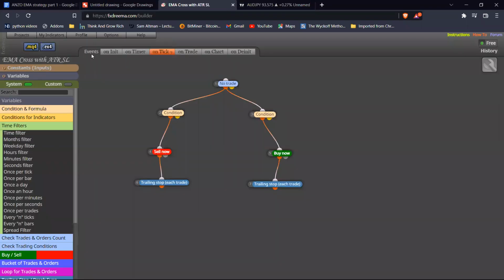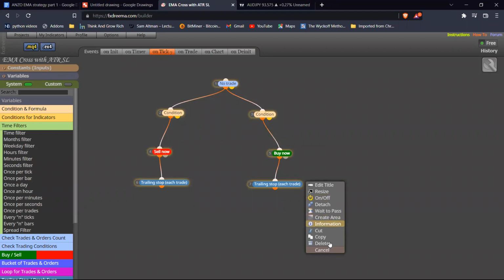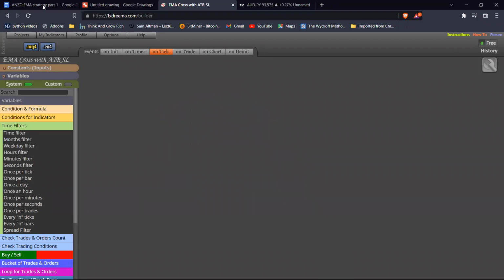So with FX Dreamer, I'm going to just delete this. I can't remember what this was. Okay, this was one small something I was working on before. So now, the software that you'll be using to automate your strategy is actually called FX Dreamer, right?